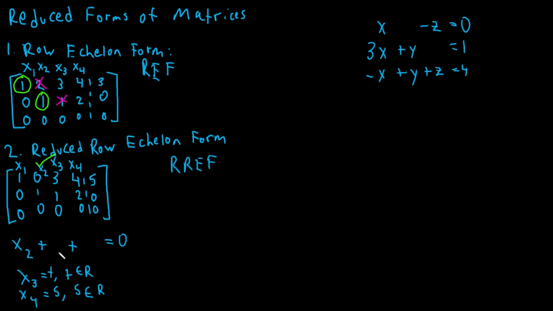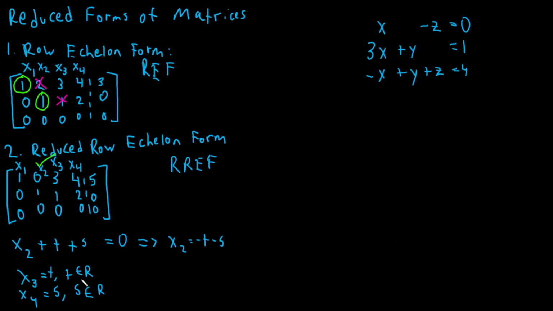Okay, so like I said, x3 is t and x4 is s. Now here we're supposed to give the solution to x2, so we can show that x2 is equal to minus t minus s.